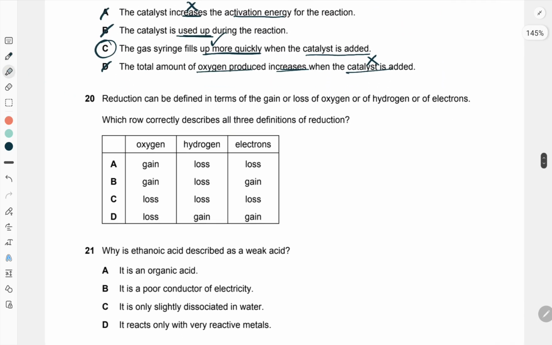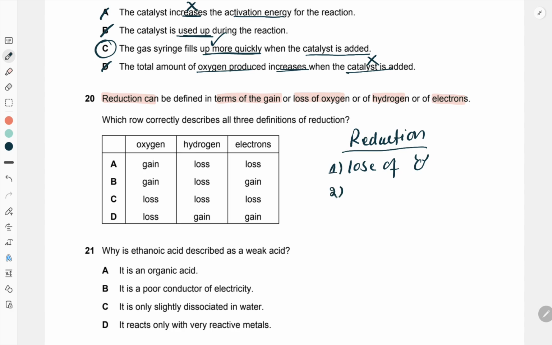Reduction can be defined in terms of gain or loss of electrons, hydrogen and oxygen. So let's define reduction in terms of all three. Reduction is loss of oxygen.